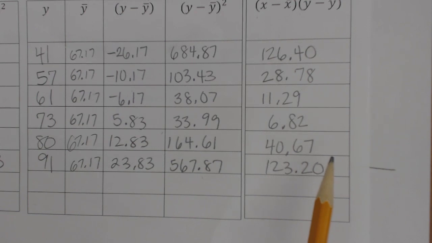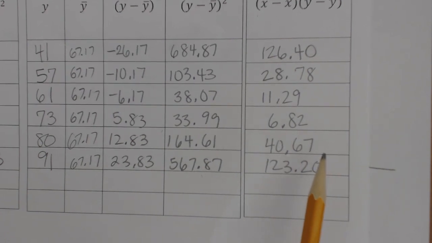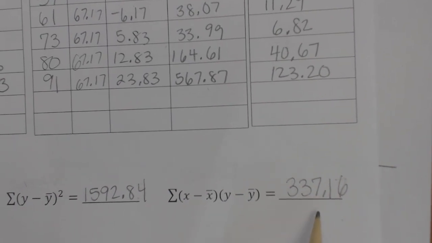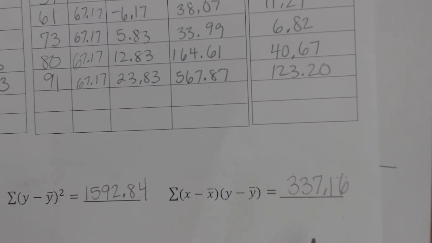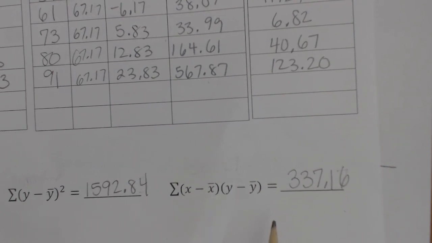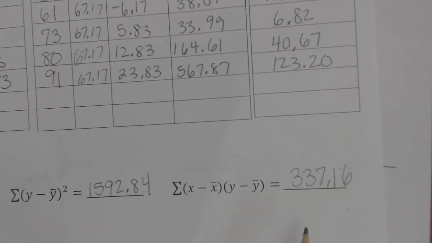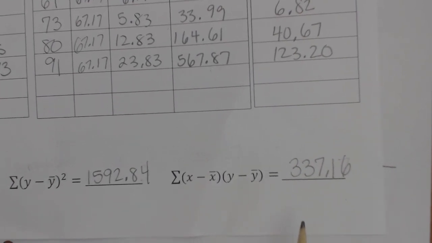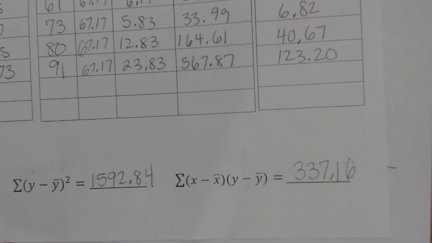That's where we actually get our direction, whether positive or negative. So negatives are fine here, and even if you get a negative sum. But this one is not. It is 337.16. I kept everything to 2 decimal points. It keeps everything consistent. So we all get the same numbers, because if you round too much, we will have a large round-off error.